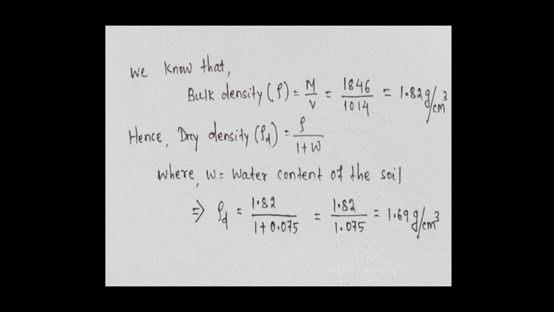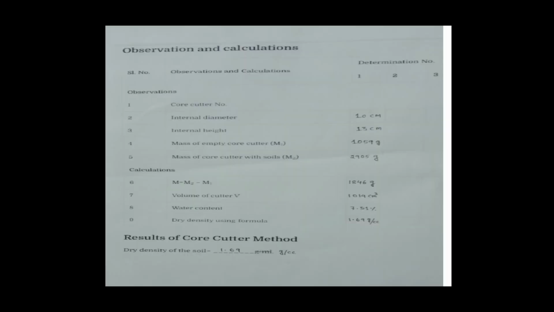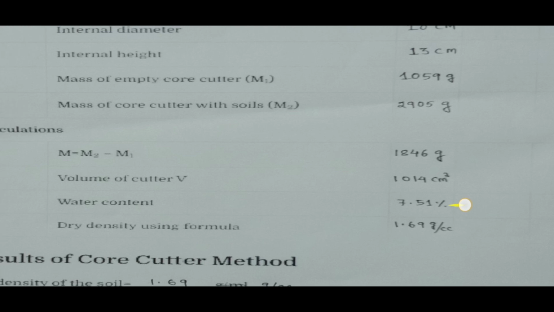All of you know that the dry density is equal to bulk density divided by 1 plus water content. So rho d or dry density is equal to 1.82, which is the bulk density, divided by 1 plus 0.075, because the water content is 7.51%.